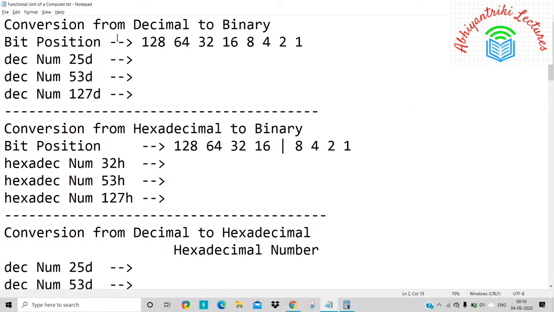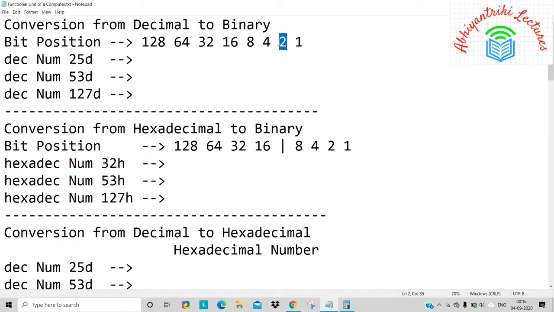And why did I multiply by 2 only? Because this is binary. Binary means what? Bi stands for 2, two values, that is zeros and ones. That is the reason we multiply by 2.